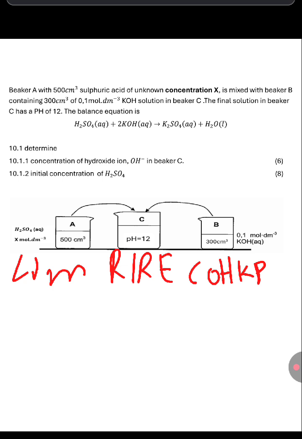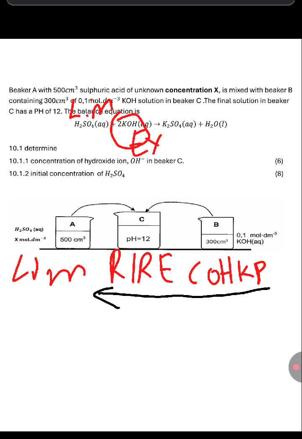So we are going to start from the pH of the base and we go backwards. All the information that we get here is about KOH, because KOH is our excess reactant. Here is our KOH. Our KOH is our excess, whereas this is our limiting reagent.